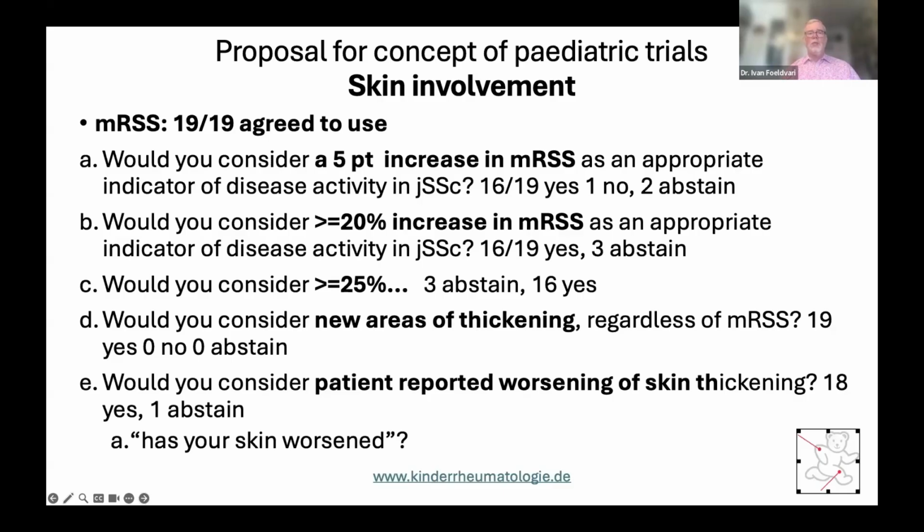And absolutely, if the patient reports worsening, there are some adult studies which have already done this, and they showed that the patient-reported worsening is totally correlating with the skin score that the physician is measuring.